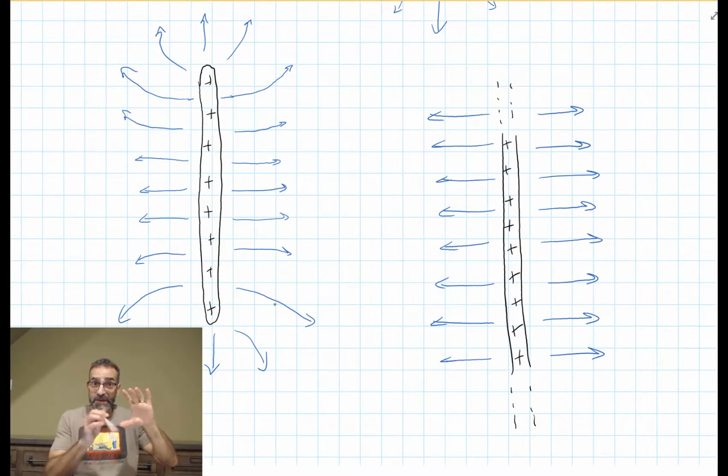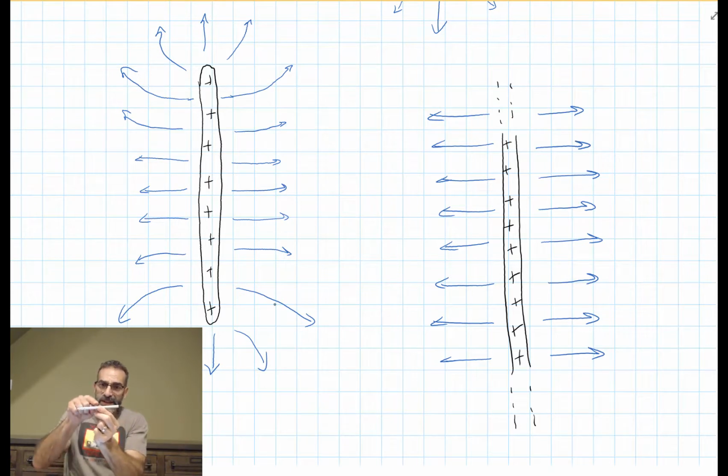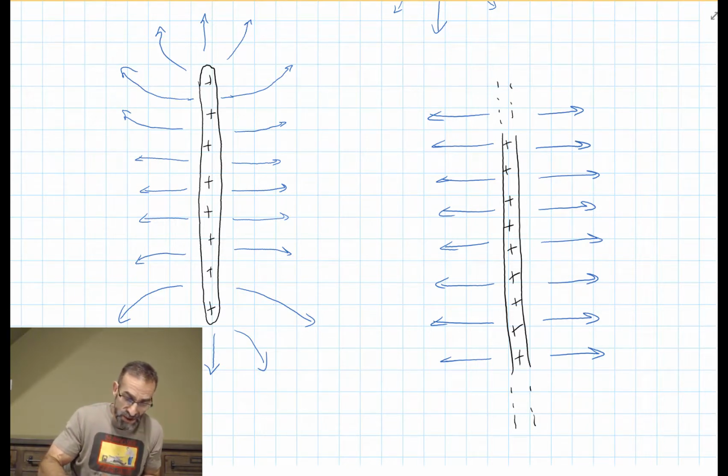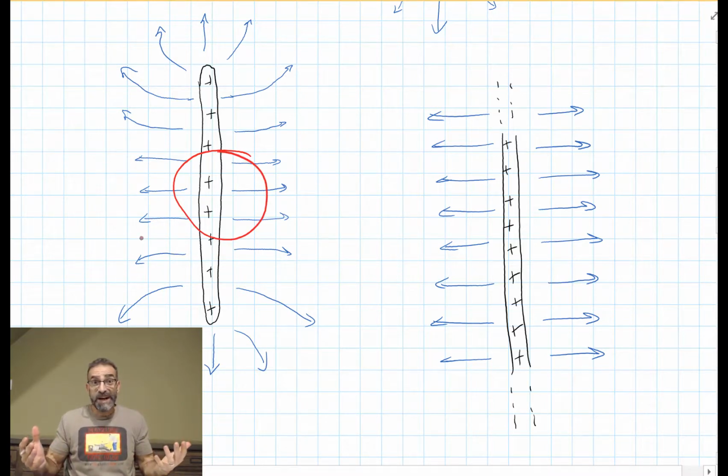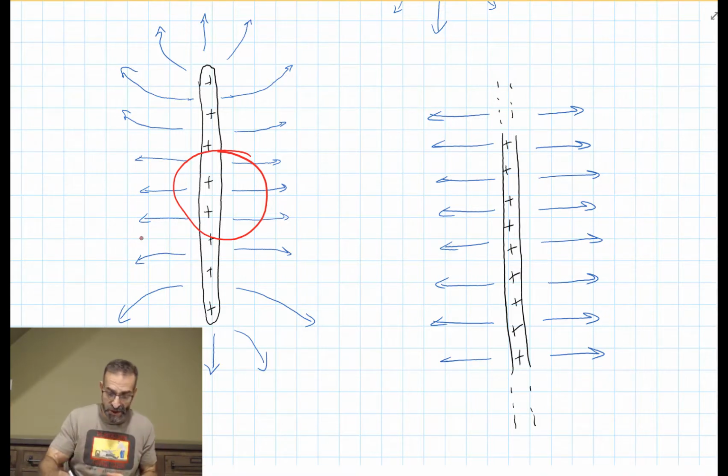If we want to know what the electric field is very close to the rod, even if it's only as long as my pencil, if we want to know the electric field just a few millimeters away from the pencil, it looks like an infinitely long rod if you're only a few millimeters away from it. So if you're interested in the electric field in this region right here, we can approximate that like an infinite rod. And the same with a sheet of charge.